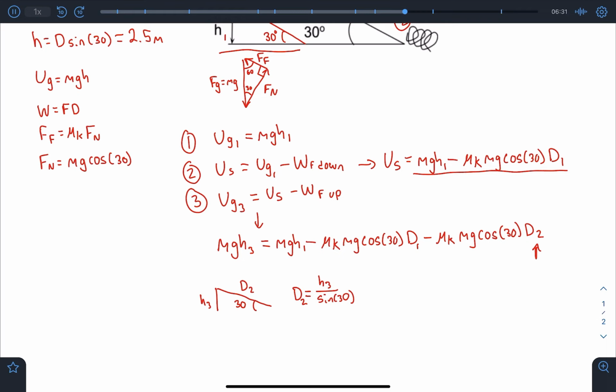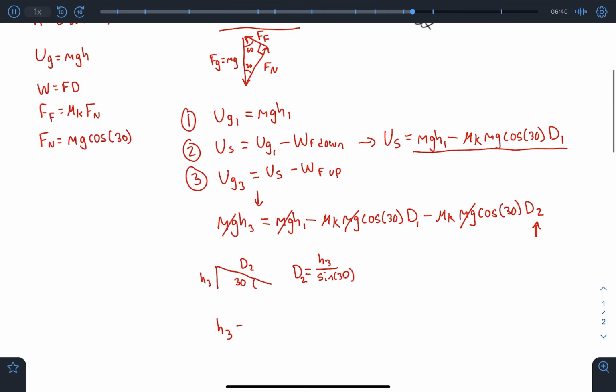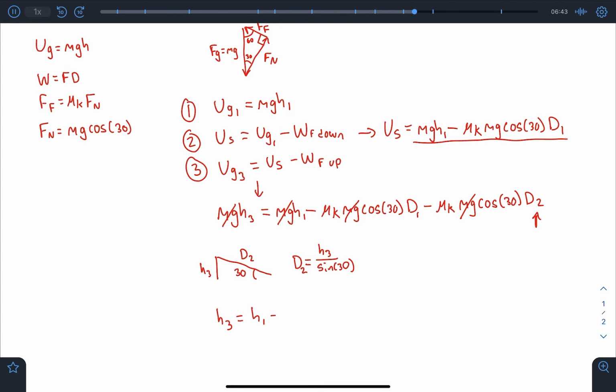And with that, we're ready to substitute and simplify. We can cross out mg in each of the terms in this equation, and we can rewrite it as our final height is equal to our initial height minus coefficient of kinetic friction times cosine 30 times that first distance, minus our coefficient of kinetic friction times cosine 30 times that final distance, which we know is just h3 over sine 30.